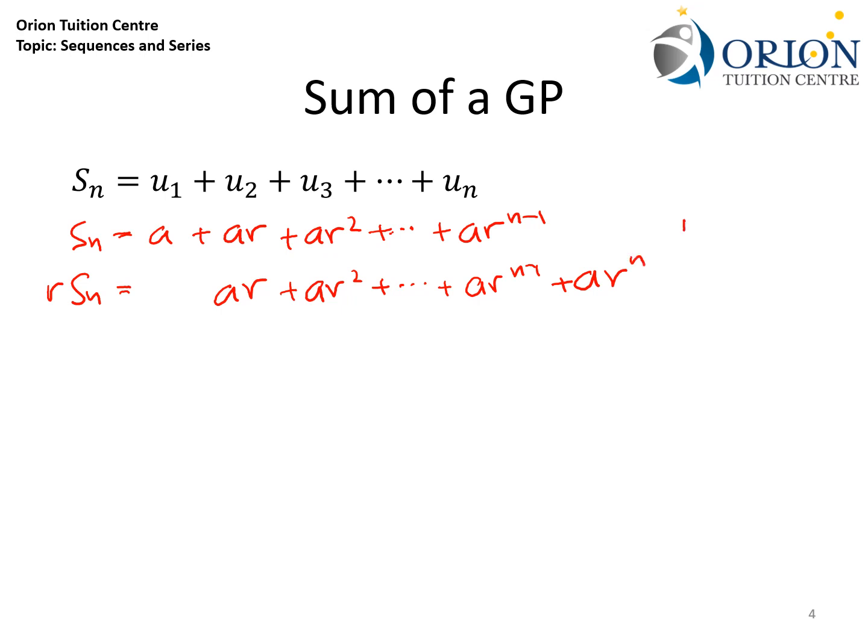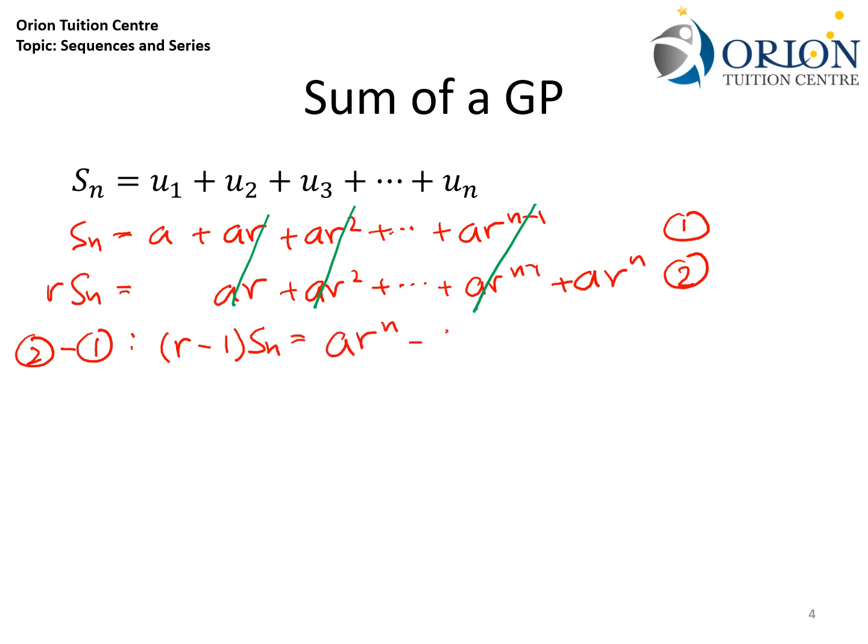Now if I call this equation 1 and this equation 2, I can take the difference between these two, because when I take the difference, all the middle terms will be cancelled out nicely. So if I take equation 2 minus equation 1, I will have r minus 1 times Sn equals ar to the power of n minus a.